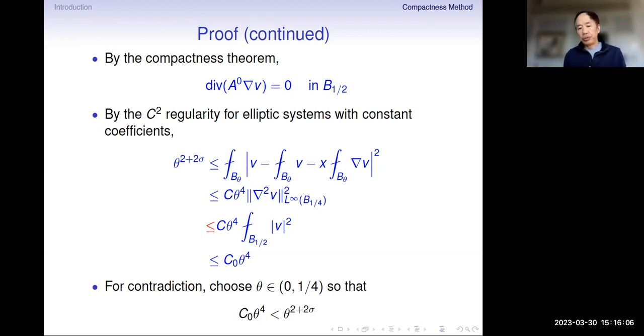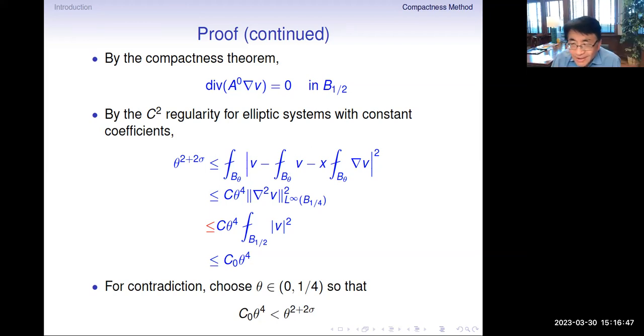So you choose theta so small that it violates this inequality, because when theta is small, the right-hand side goes to 0 with power 4, and the other has power less than 4. The choice of theta only depends on the dimension and the ellipticity, because all the constants here depend only on those. And that's the proof of the first lemma.